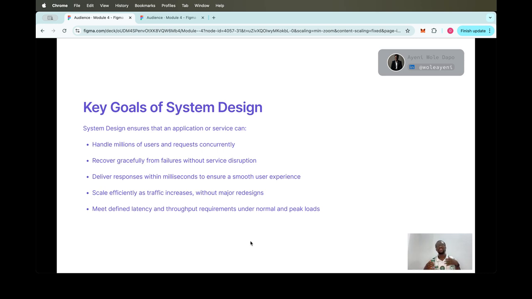So why is system design even important? What's the objective? Firstly, it helps you ensure that you build a system, a platform, an infrastructure, a product that can handle millions of customer requests concurrently.